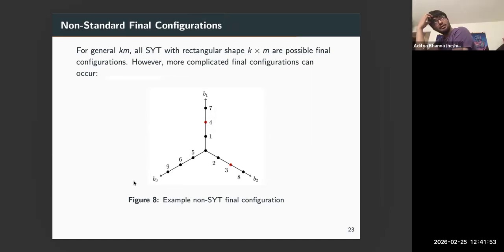So that means the rows are always increasing, but not necessarily the columns. Yes, exactly. Is there no way to start with a configuration where all the branches are increasing and then reconstruct how it was reached?